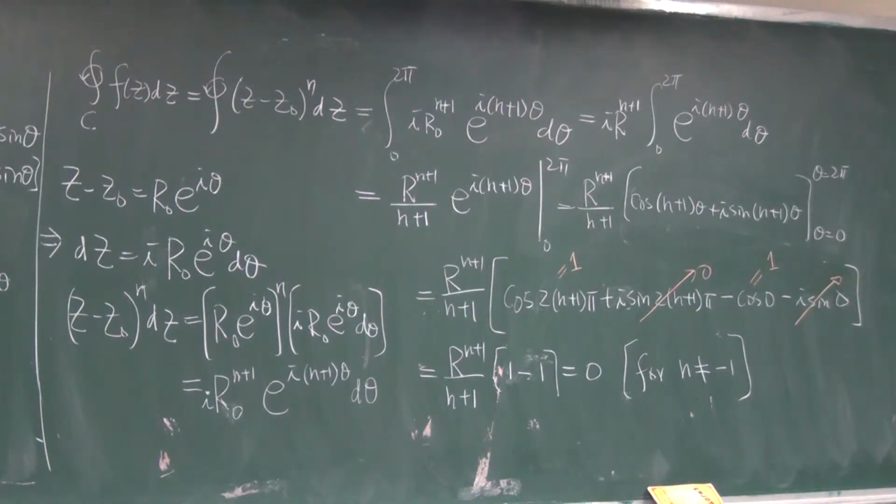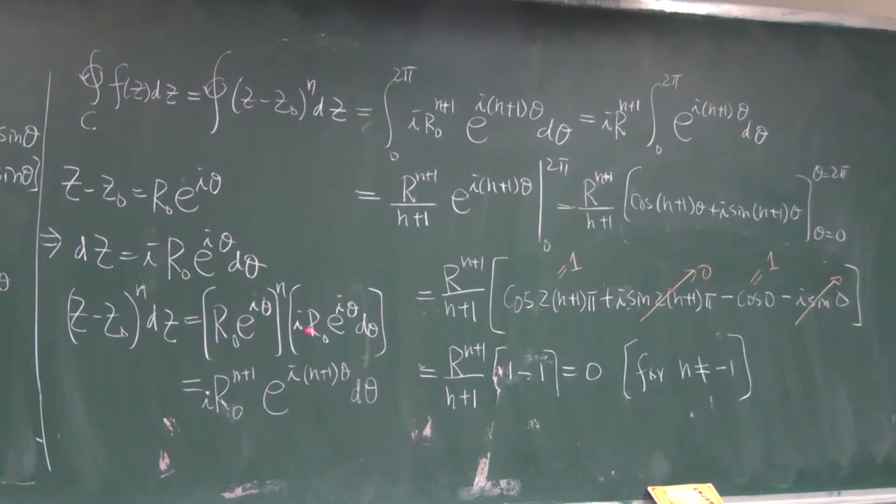Then we take the differentiation on the left side to get this dz. On the right side, we differentiate it, but r naught is a constant, so we just write it here. Then we differentiate this function to get i exponential i theta d theta. And then we multiply this term with this term to get this one with an n power here.